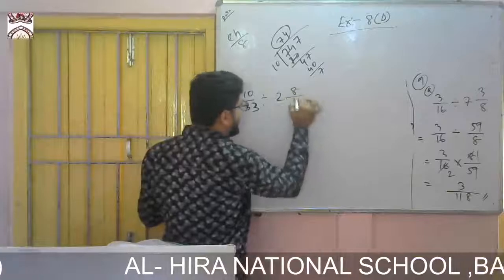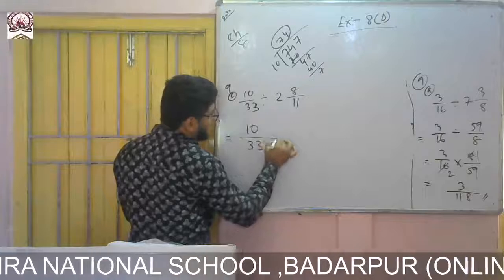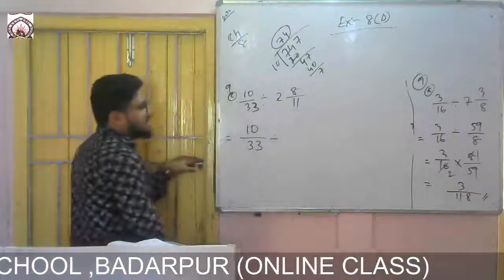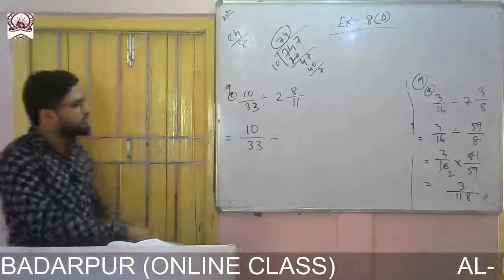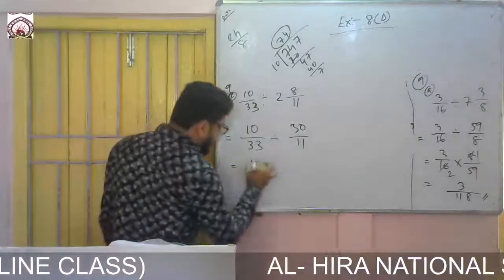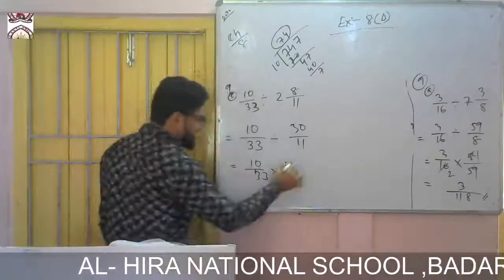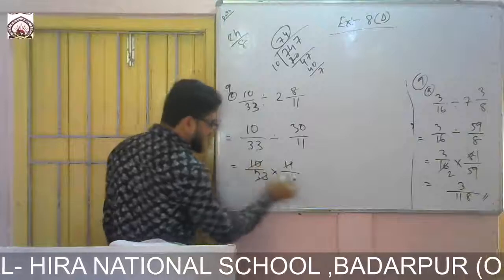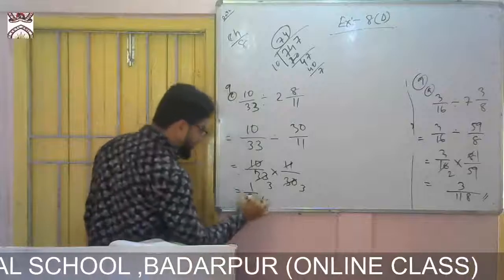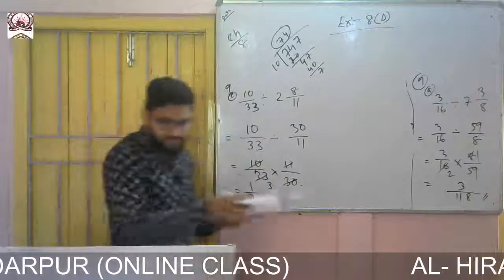First break this one: 2 11s are 22, 22 plus 8 is 30. 30 by 11. Now 10 by 33 into 11 by 30. So 11 3s are 33, 10 3s are 30. So remain 1 by 9. 1 by 9 is the required answer.